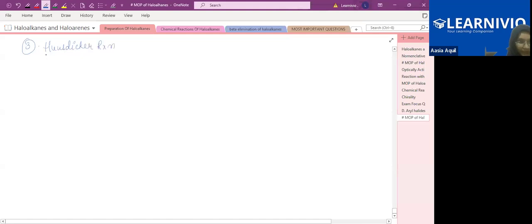The Hunsdiecker reaction is basically a preparatory method for forming bromoalkane.